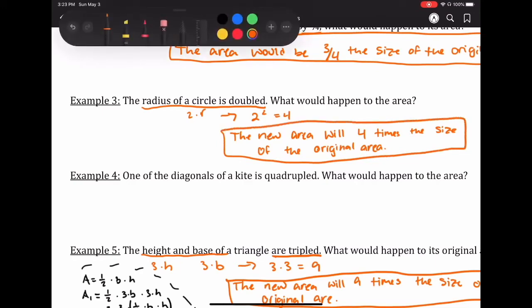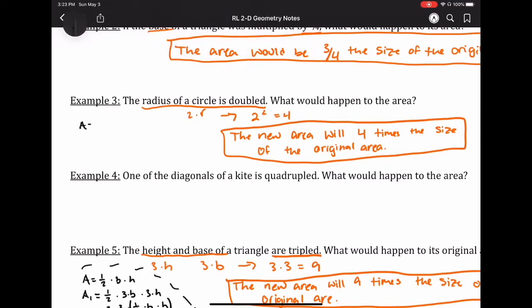Again, let's go back to why this is happening. Let's look at the formula. I have from general area of a circle, pi times r squared. When you change the radius, so for my new area, I have pi times all under the square, my change, which is 2 times the radius. That's all being squared.